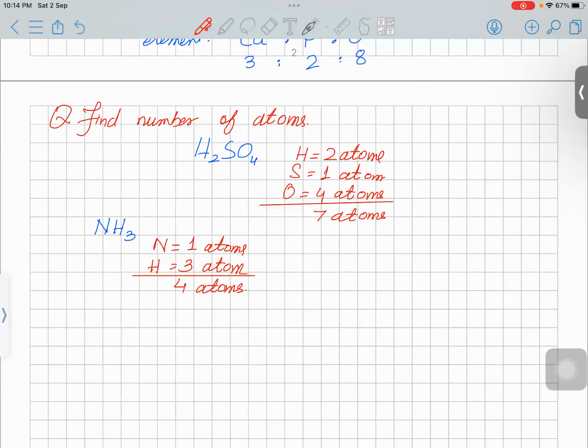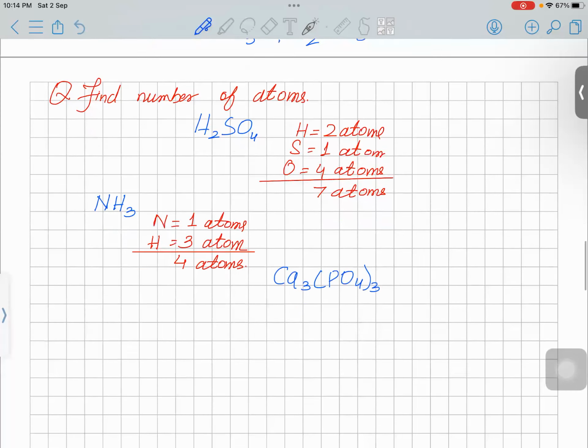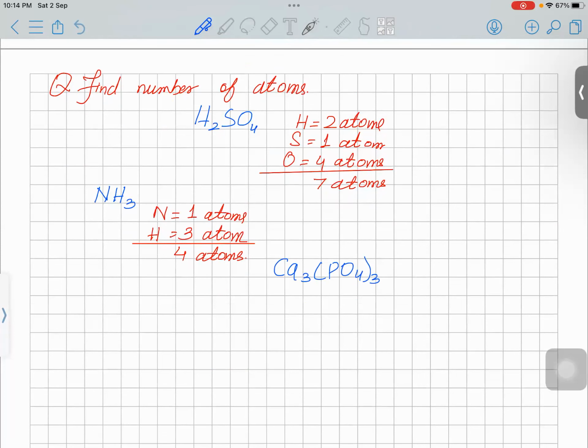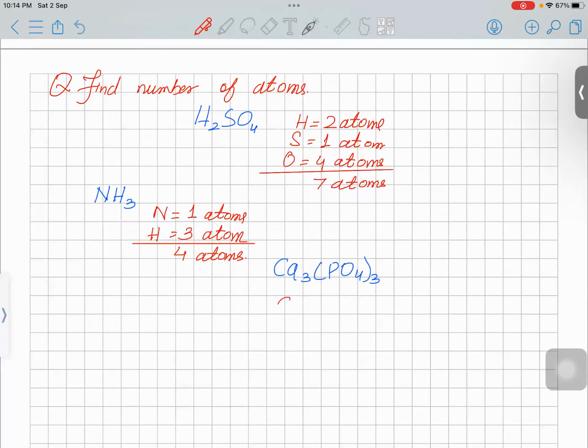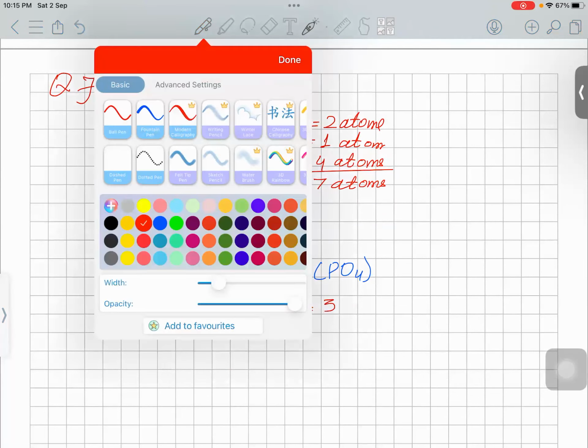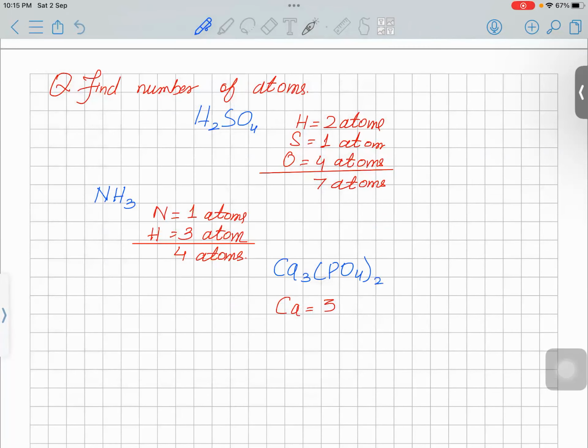Now find the atoms in calcium phosphate. Tell me the total number of atoms.